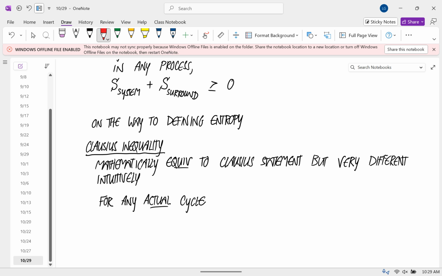So actual means it doesn't have to be reversible or internally reversible.